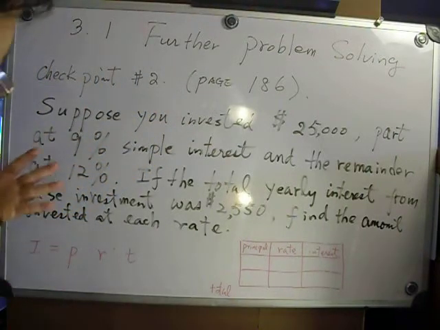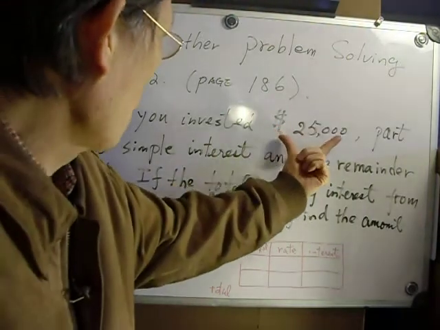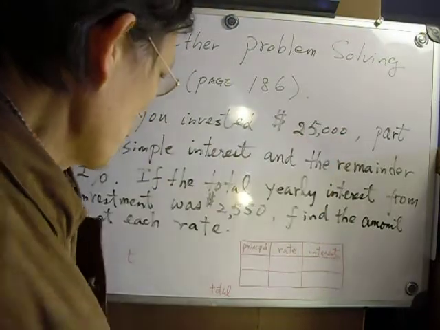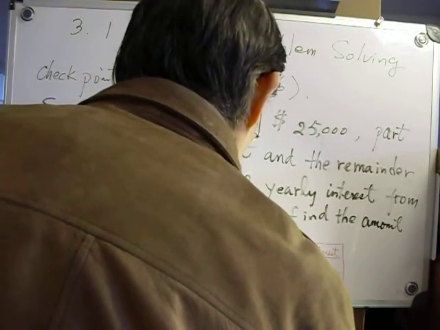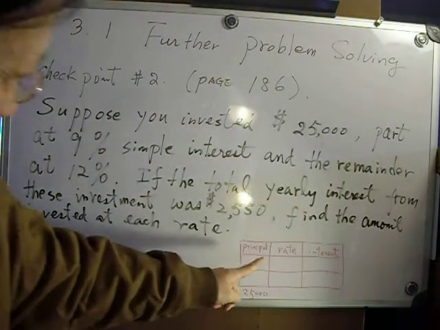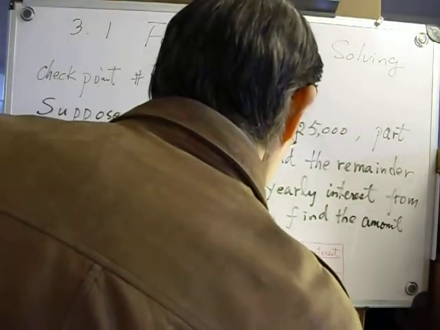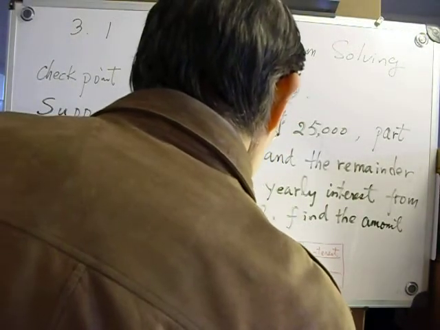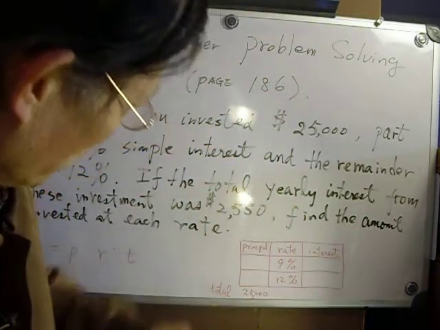We don't know how much is in each account, but we do know their total principal is $25,000. So $25,000 goes in here. We do know this is 9% for this account, 12% for the other account. We don't know this principal and not this principal.